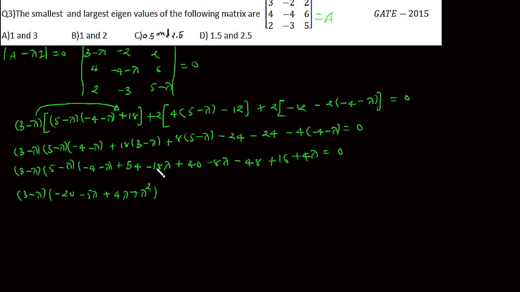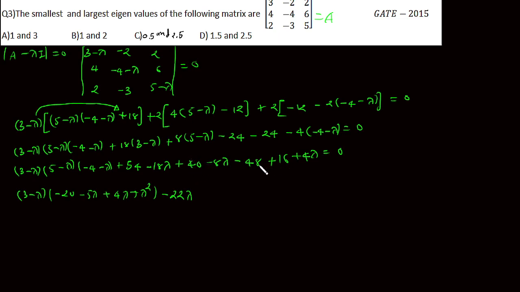Okay, now here you can see minus 18 lambda here, minus 8 lambda, so minus 26 lambda, and plus 4 lambda here. So in output we are getting simply minus 22 lambda, because 18, 8 is 26, we have to subtract 4, so we are getting simply minus 22. And here the constant term will be 54 minus 48, which is 6, plus 14 plus 16.